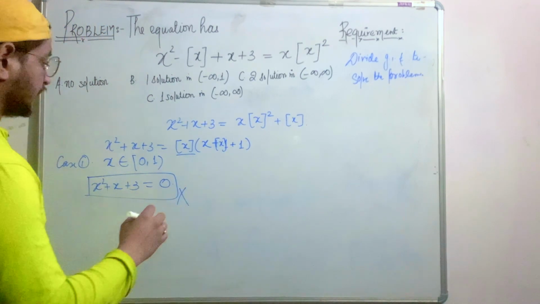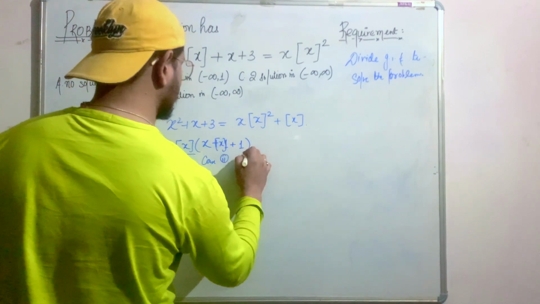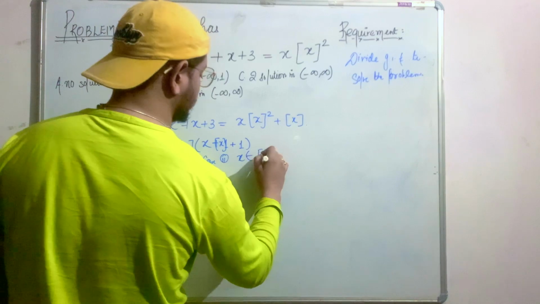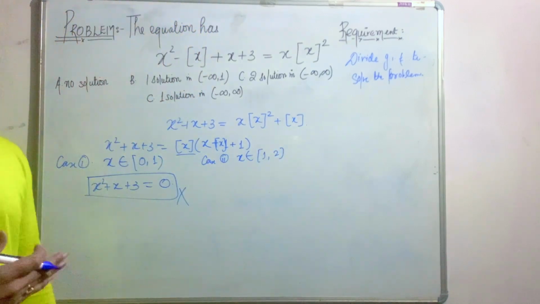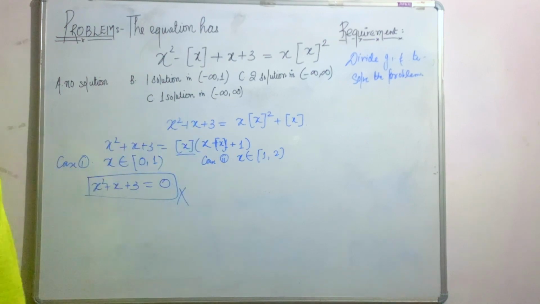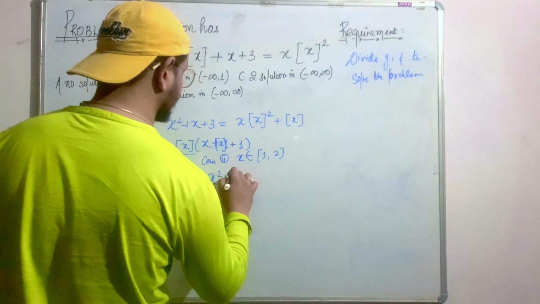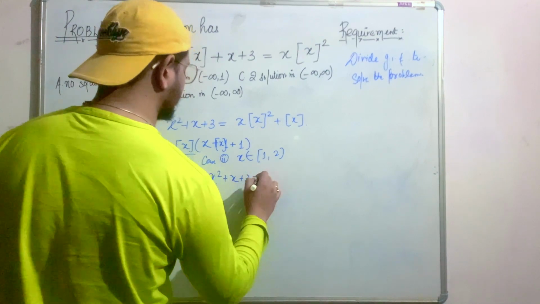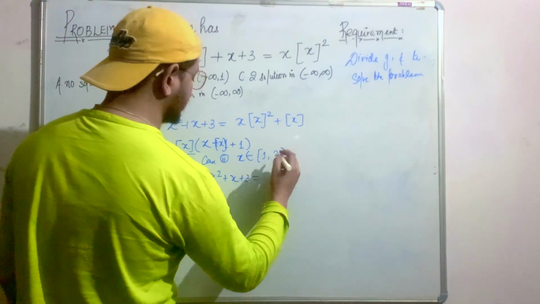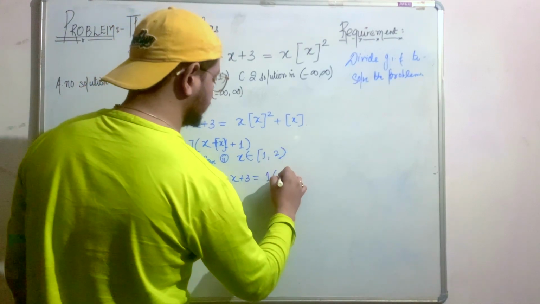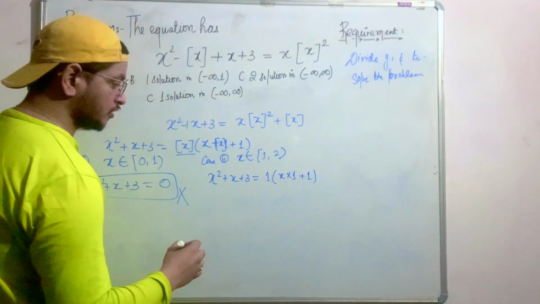Done. Now let's take case 2. I will take x belongs to 1 to 2. Since we have to divide the value, we are taking x from 1 to 2. So here you will get x square plus x plus 3 on one side, and it is equal to 1 multiplied by x plus 1.